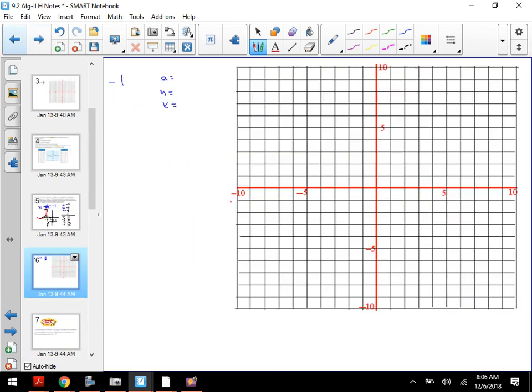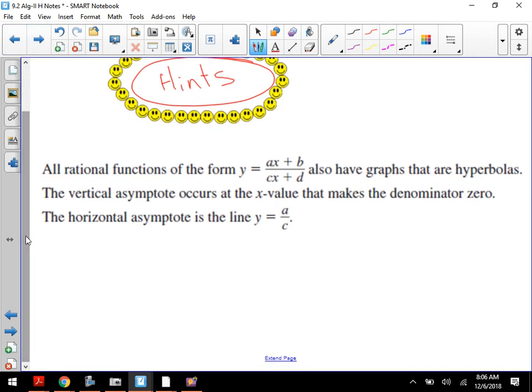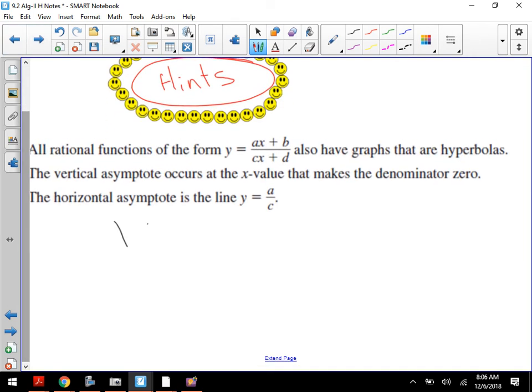Okay. The other style that I want to look at is like this. The other style that we look at, and I'll see if I can reword this cleaner for you.